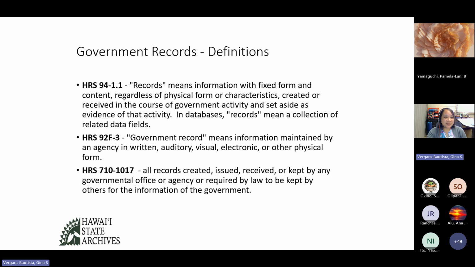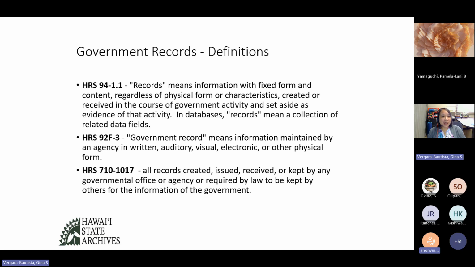The last sentence says databases. That is to let you know that although it appears that the state is very much paper-based, the State Record Center appears to be paper-based as well as the archives division in general, it's no longer true. The state archives actually has a digital archives where we archive records that are born digital.